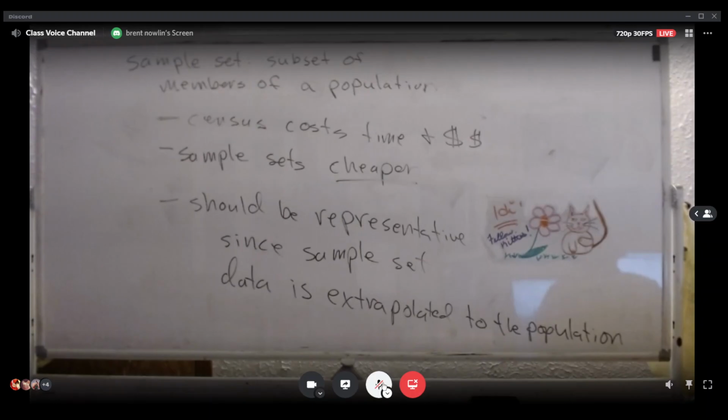In the year 2000, and this is probably ancient history for at least half of you, that was the year that George W. Bush, the junior, the son, faced off against Al Gore.